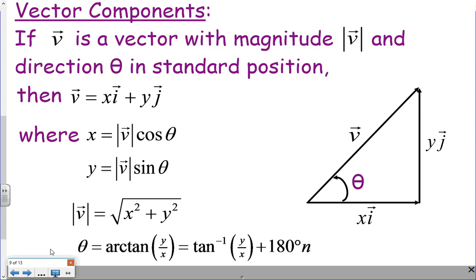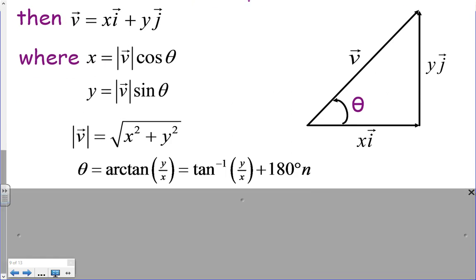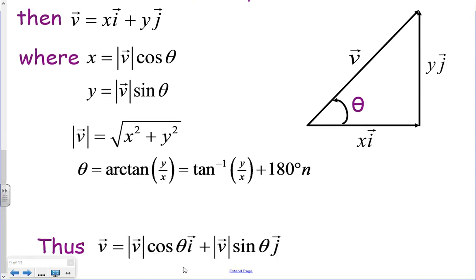So every single vector, we can take and rewrite it in this form as long as I know its magnitude and direction. And the nice thing about this is it makes doing some calculations with vectors much easier. So for every vector, you can think of it this way.